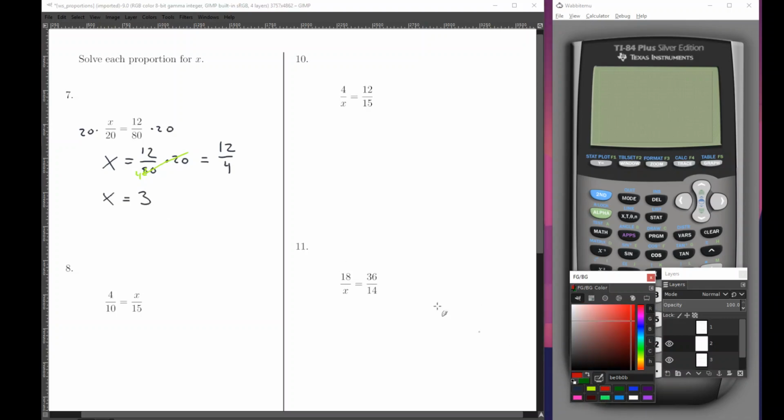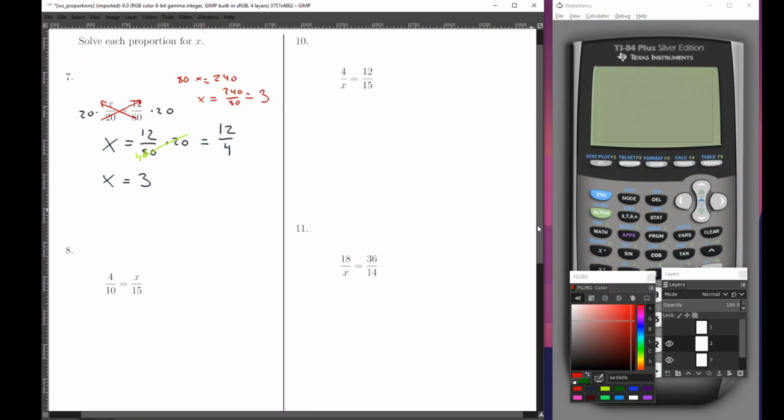If we wanted to, we could go ahead and cross multiply this. 240 equals 80x, and get that x is equal to, divide both sides by 80, 240 over 80, or 3.